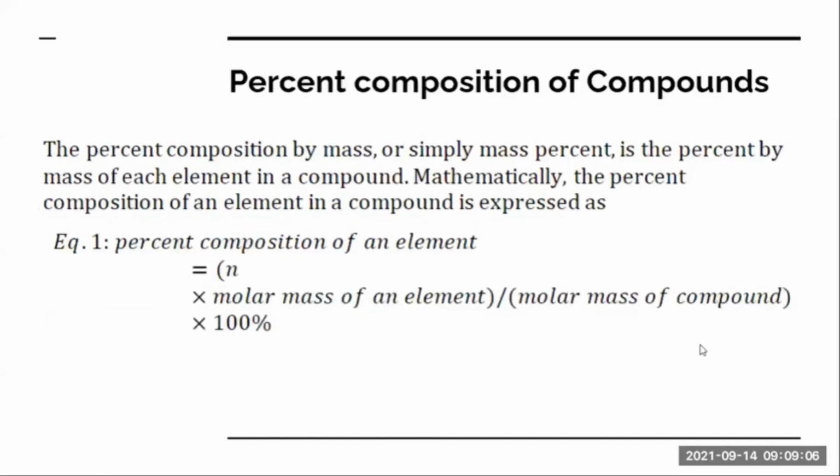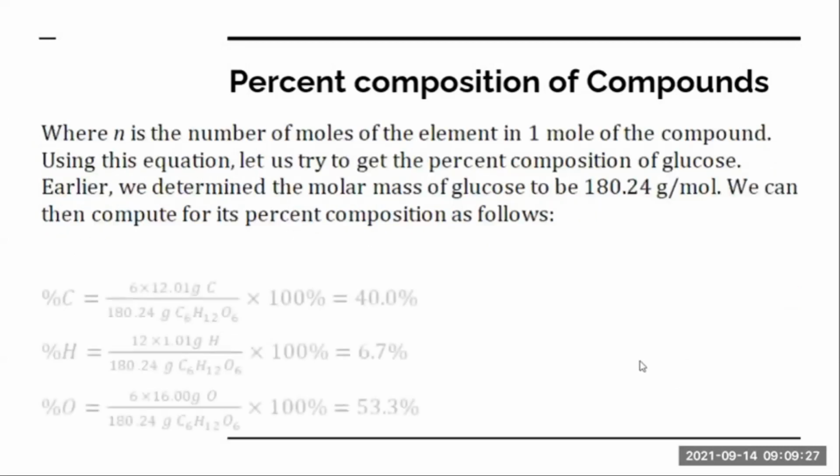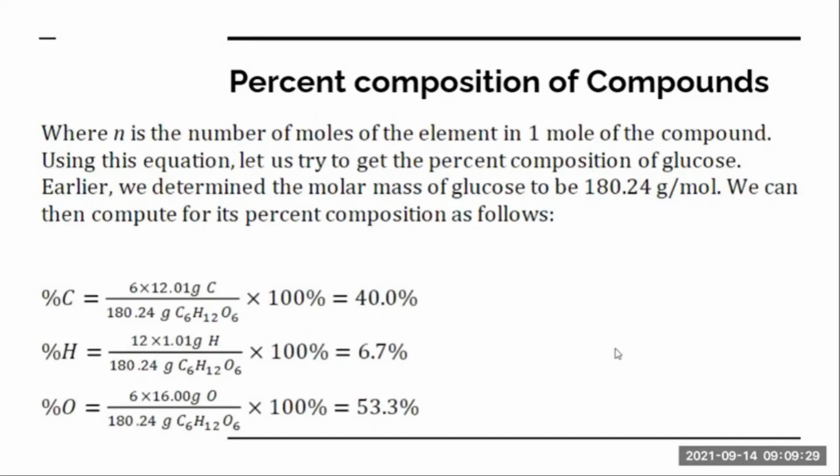So next we have percent composition of compounds. So the percent composition by mass, or simply mass percent, is the percent by mass of each element in a compound. So mathematically, we're just trying to get the percentage of the molar mass of an element. So it will be the same, just like what we did earlier.